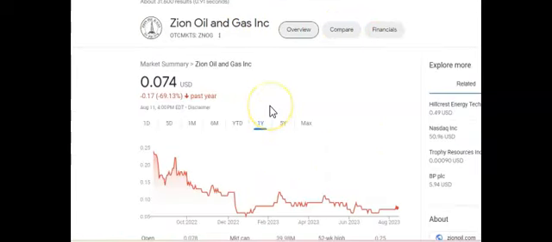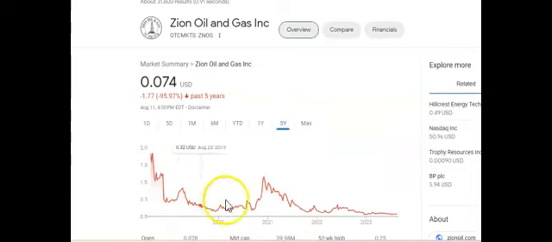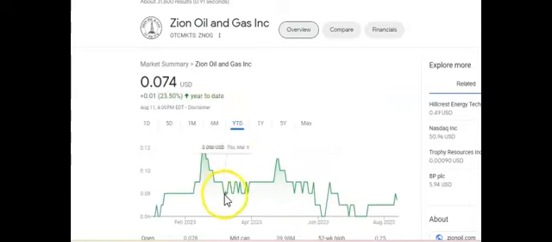So here's the 1 year chart, what we're looking at right here. And basically, if you're familiar with the OTC stocks, if you see the 5 year, you can see a lot more volatility, a lot more volume on the moves up and down. But if you look as of late, especially on the year to date, see how these are really blocky, right?